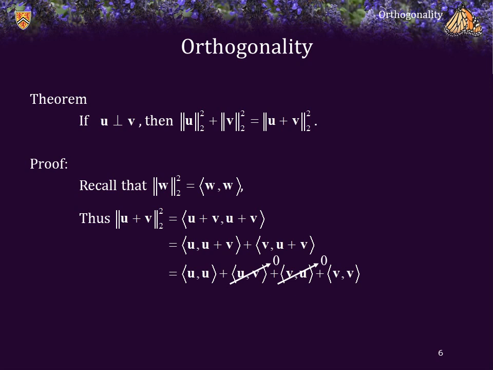Well, the inner product of u and itself is the 2 norm of u squared. Also, the inner product of v and itself is the 2 norm of v squared. Oh, wait a second. Therefore, the 2 norm of u squared plus the 2 norm of v squared is equal to the 2 norm of u plus v squared. We're done.